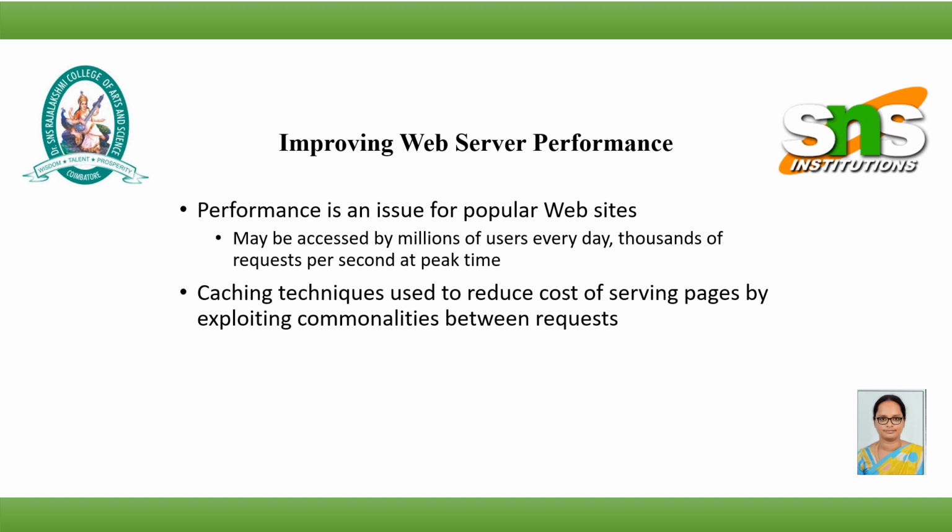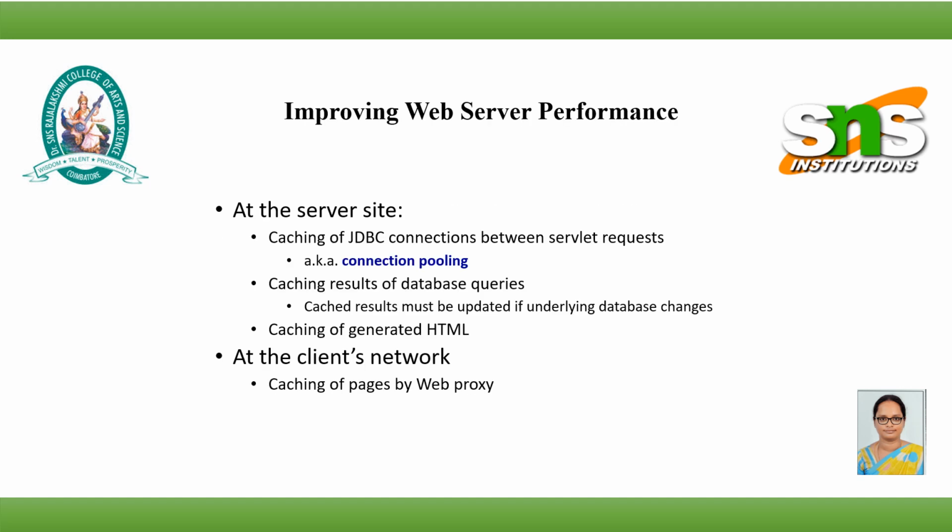Performance is an issue for a popular website. It may be accessed by millions of users every day, with thousands of requests per second at peak time. Caching techniques are used to reduce the cost of serving pages by exploiting commonalities between requests. At the server side, caching of JDBC connections between server requests, which is like connection pooling.